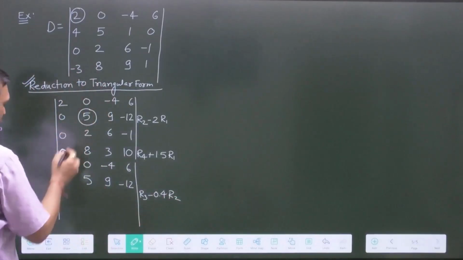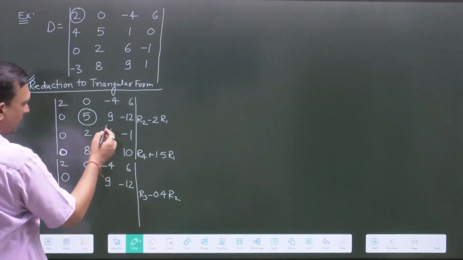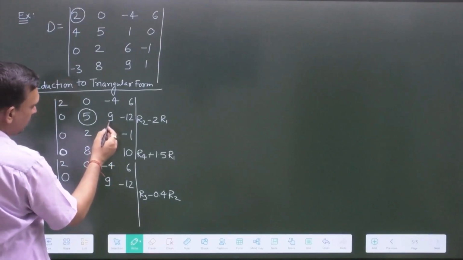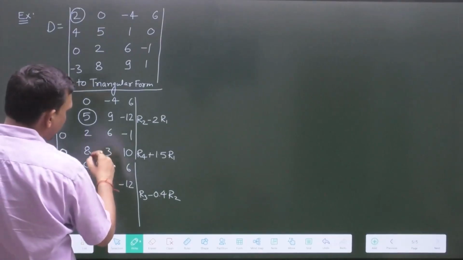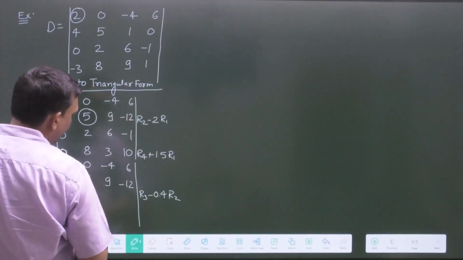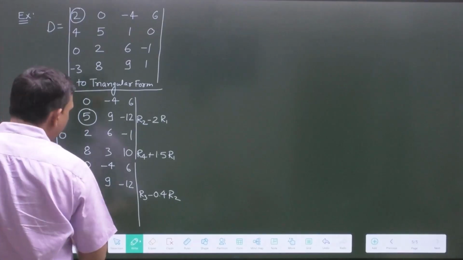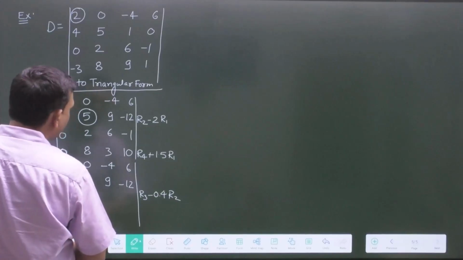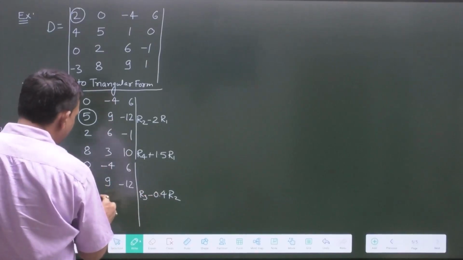This will be 2. So this is 0, 0, and 3.6. So 6 minus 3.6 is what? Plus 2.4. 6 minus 3.6, so this is plus 2.4.